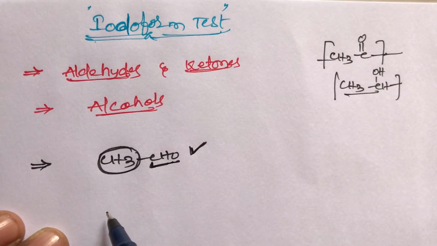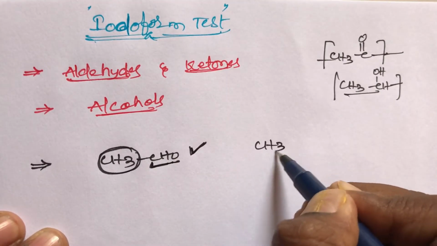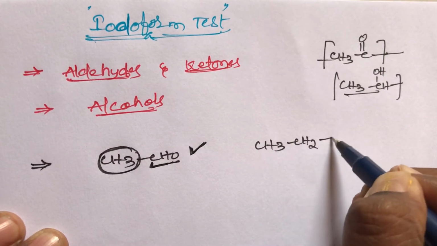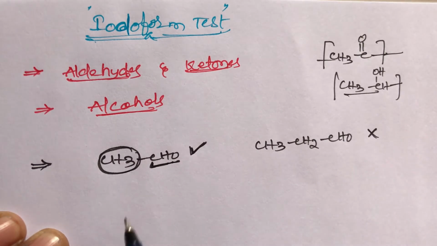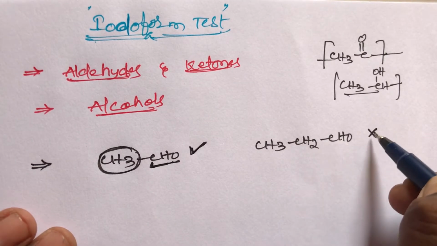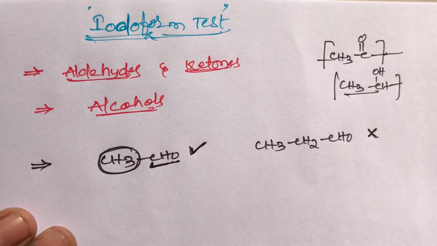And the second example, students, that is CH3CH2CHO. This is not giving the iodoform test. This is acetaldehyde, this is propanaldehyde. Propanaldehyde does not give the iodoform test. Why?